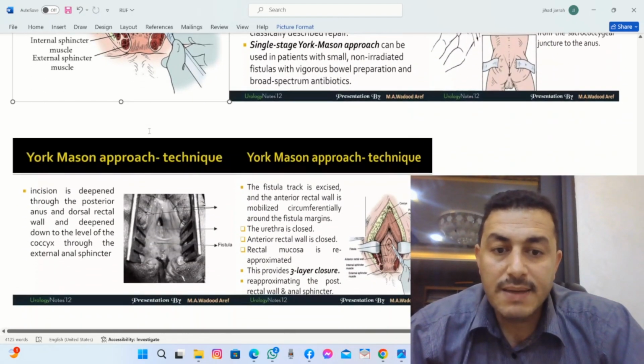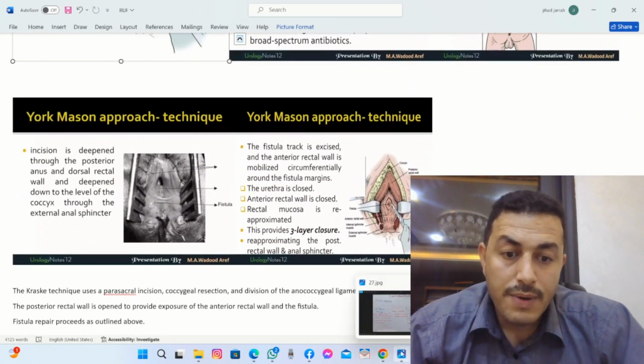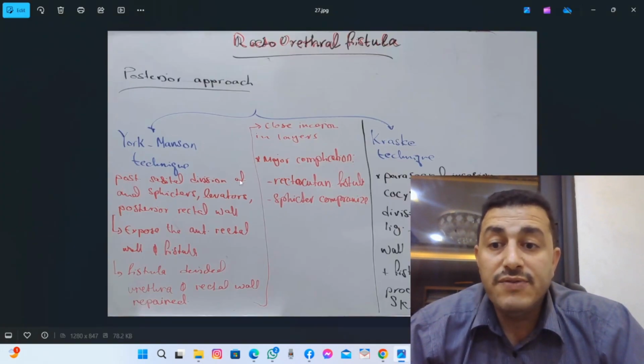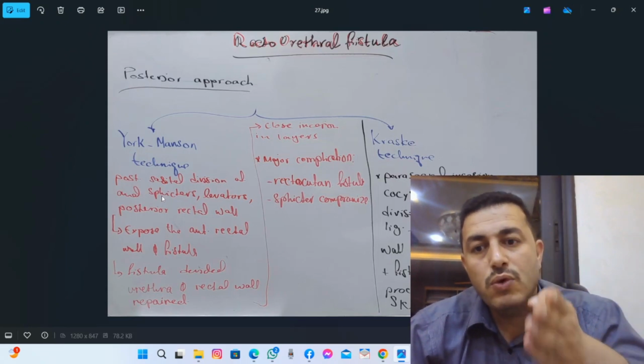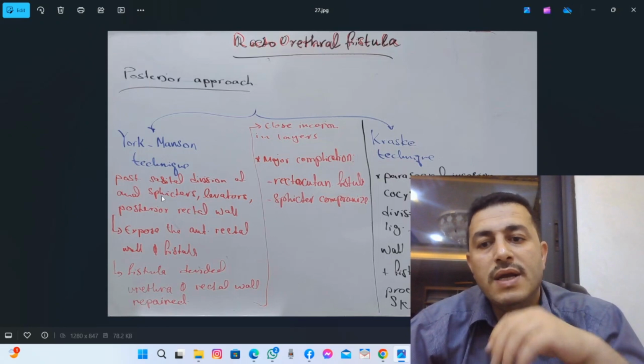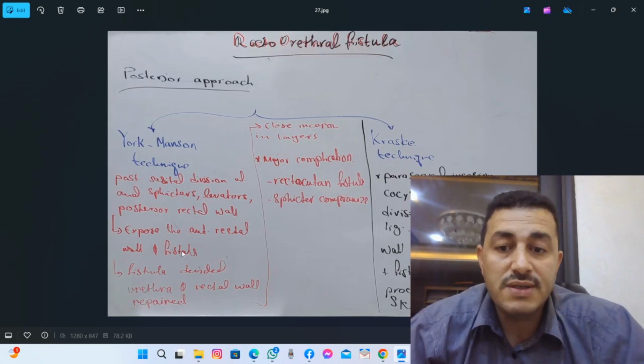What else can I add about this approach? So posterior sagittal division of the sphincter, what we divide: first of all the sphincters and the levators, the posterior rectal wall, until we expose the anterior rectal wall and the fistula.